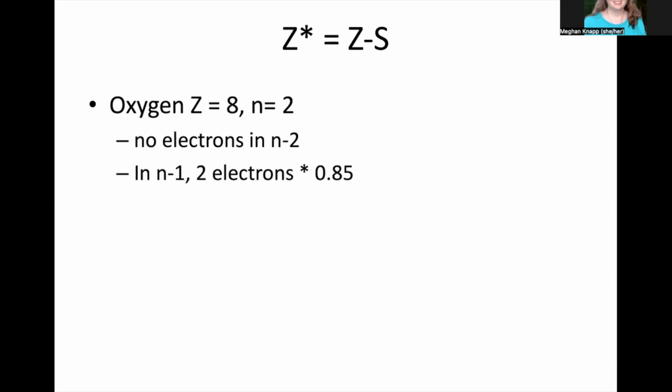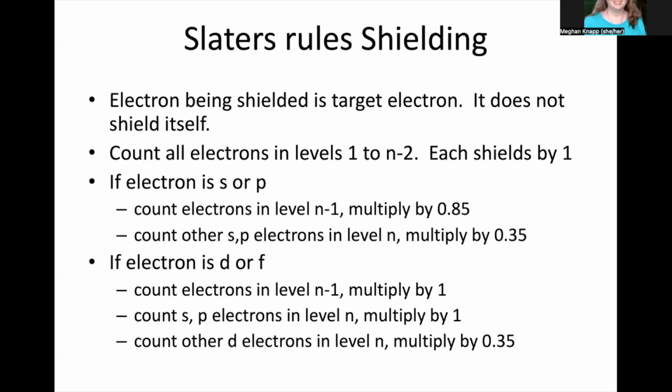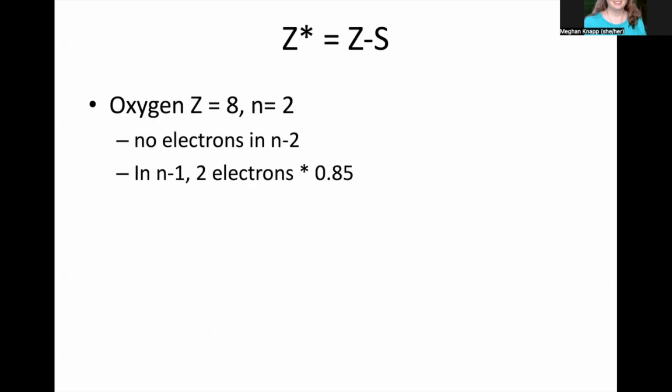So we can ignore that first rule. In n minus 1, that would be level 1, there are 2 electrons. So my rule for the s and the p in level n minus 1, I multiply by 0.85. Okay, so I'm going to multiply those 2 electrons by 0.85.